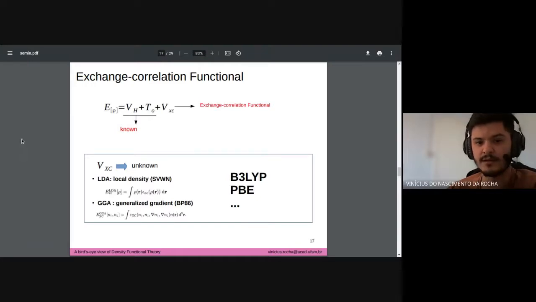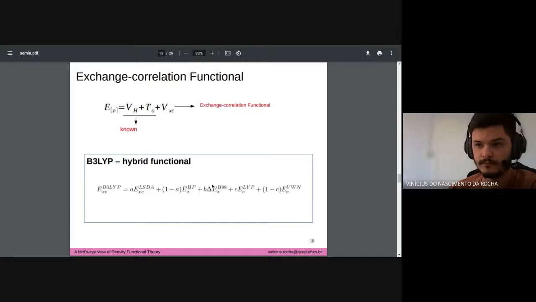There are different types of approximations depending on the system. For example, local density approximations only take into account the electron density at the point, and generalized gradient approximations also take into account the electron density gradient. There are some types of potential in the literature that use these approaches. Here we have the Becke-Perdew potential, the PBE potential.